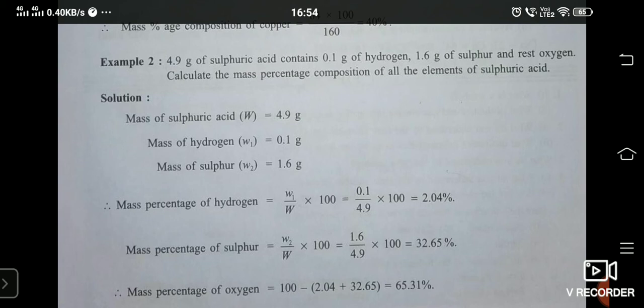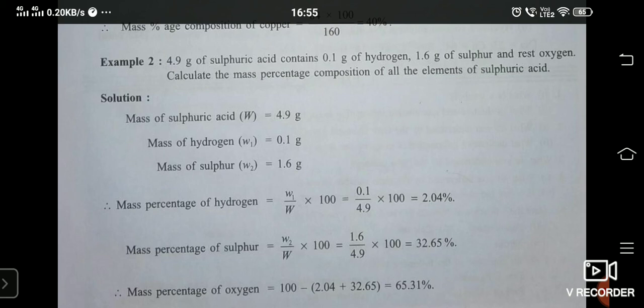Similarly, mass percentage of sulfur can be W2 upon capital W. Please remember, it is the given weight of element in grams upon molecular weight in grams. W2 stands for mass of sulfur in grams. Capital W stands for mass of sulfuric acid, because sulfuric acid is the compound. So 1.6 upon 4.9 into 100, your answer will be 32.65.